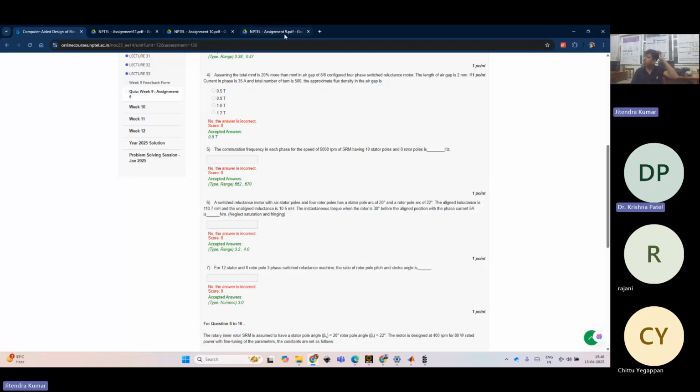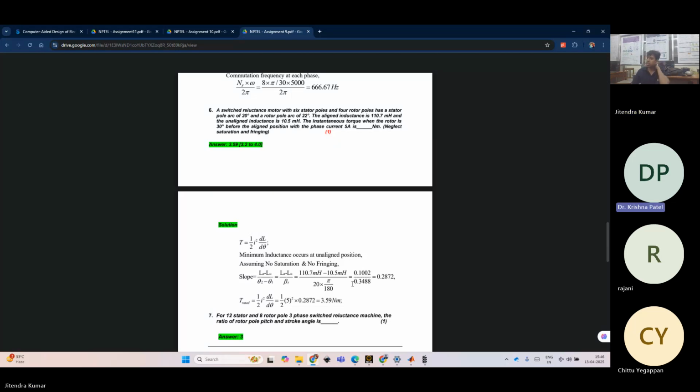Has it been modified? 10.7 minus 10.5, 5 ampere. We were getting 2.39 if I remember.